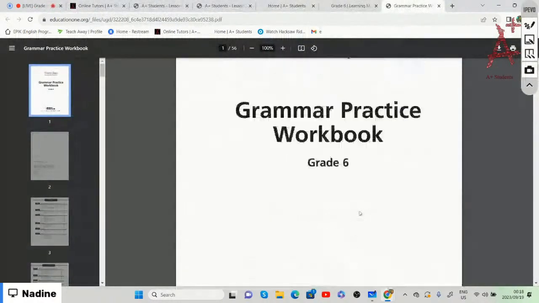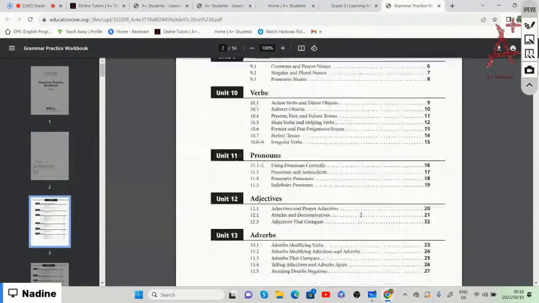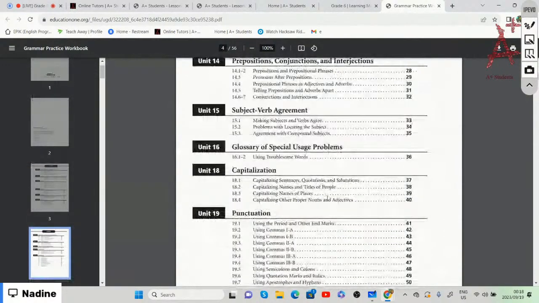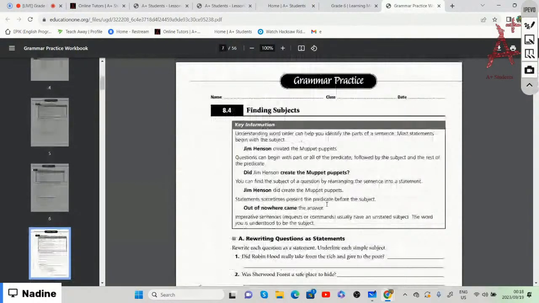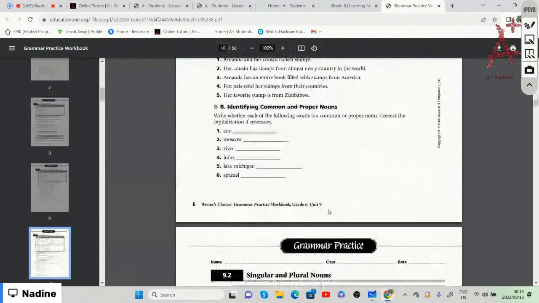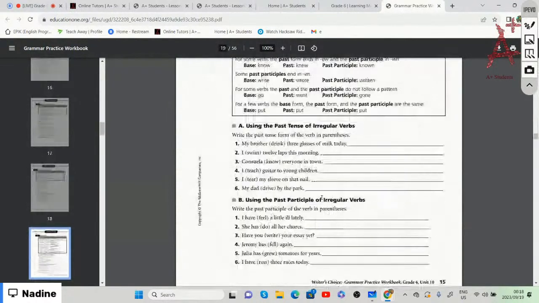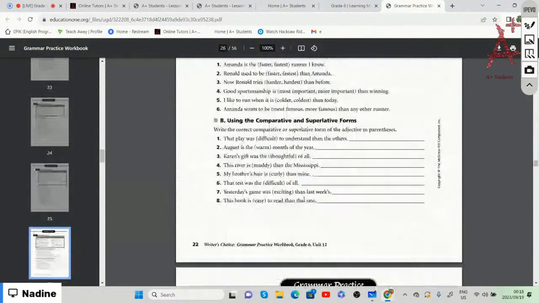Once we are in the grammar book, we're going to scroll down up until we get to page 37, 38, 39, and 40.